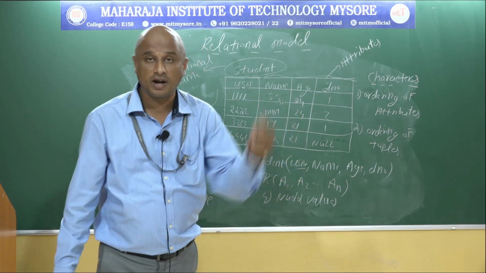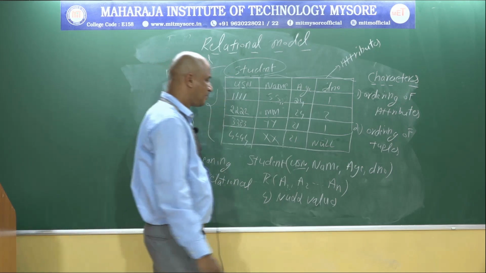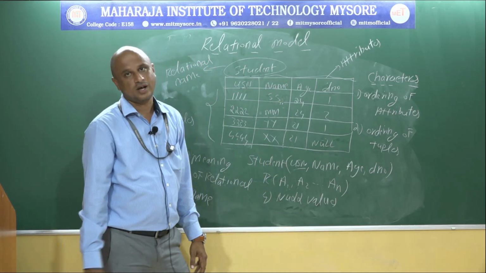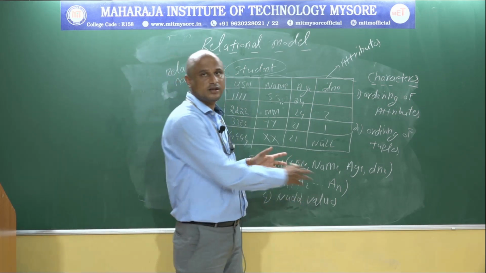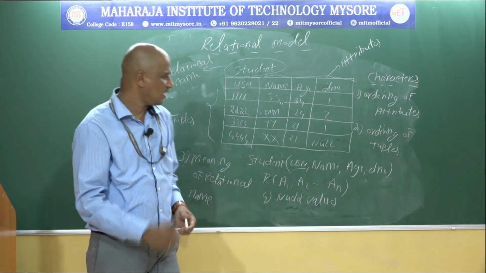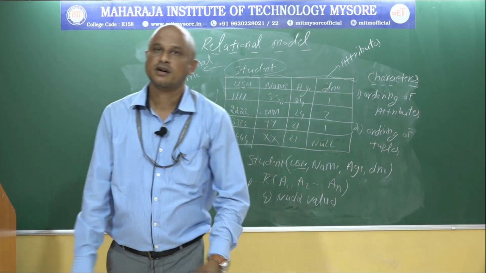Wherever you're not able to find the value of a particular attribute, you fill in null values. So that's what null values play, an important role in the characteristics of a relational database.